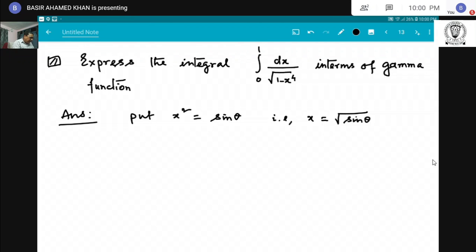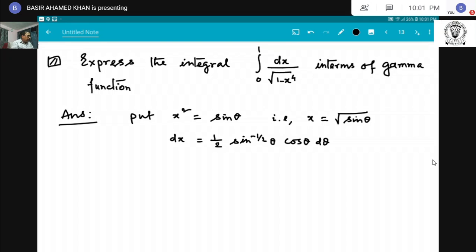So dx equal to half sine to the power minus half theta into cos theta into d theta.